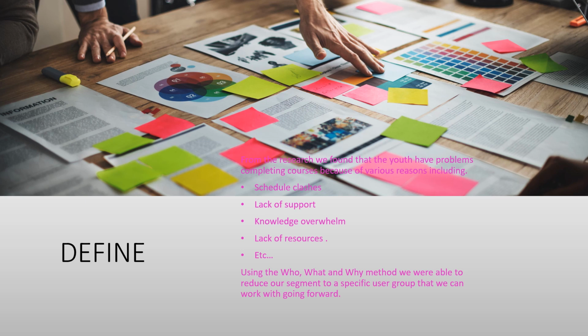And then there was a lack of resources, such as not having laptops or computers. They could not access electricity or data. So the process of learning just became a bit stagnant and a bit frustrating until they dropped out.